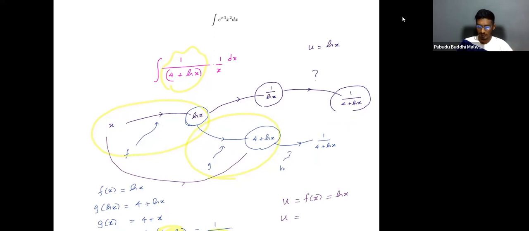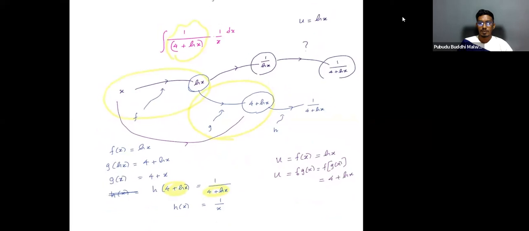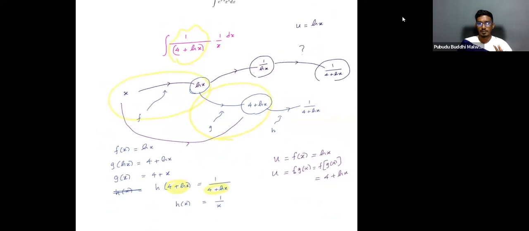That's a composite function. We sometimes write like this, but don't worry too much about that. f of g of x, so that is 4 plus natural log of x. So the question is, what would you select? Natural log of x or 4 plus natural log? Doesn't really matter actually. But I think selecting 4 plus natural log of x is the better choice.